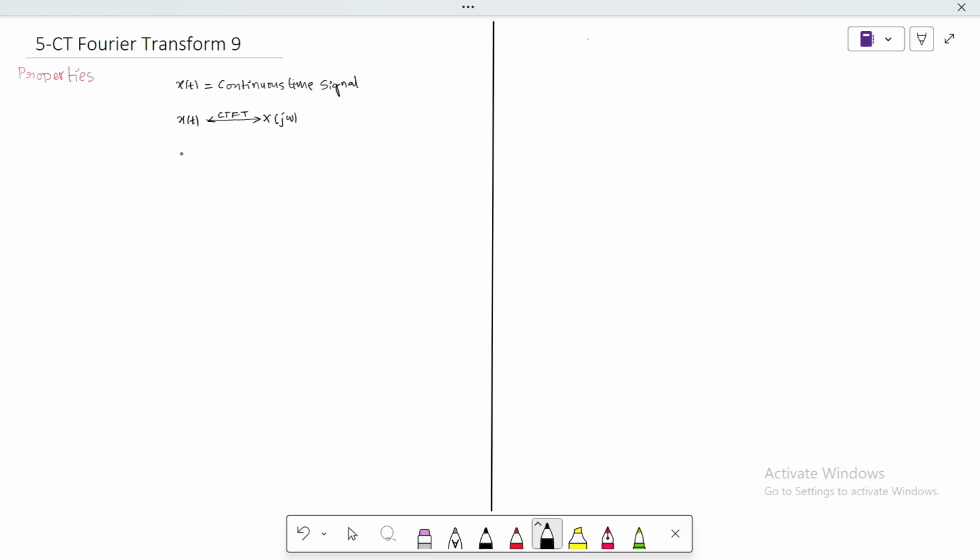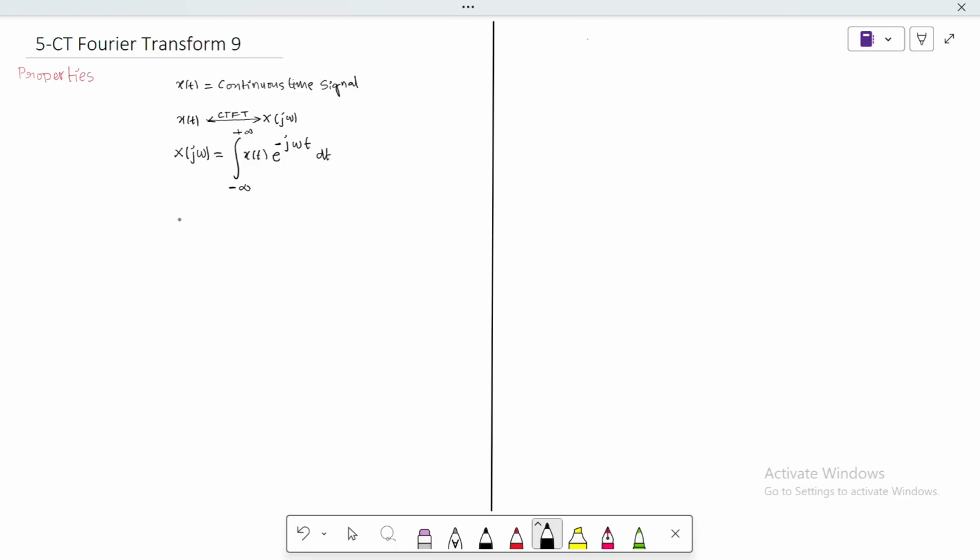The formula for the Fourier transform is x of j omega equal to the integral from minus infinity to plus infinity of x of t into e power minus j omega t into dt.